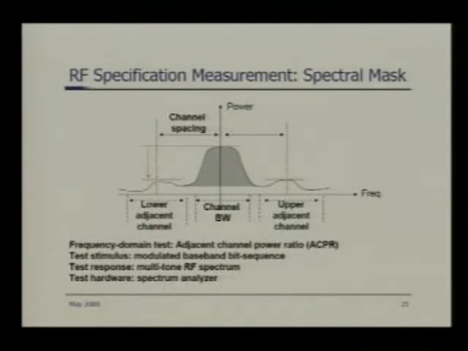Okay. So this is one spectral mask test. In this test, you are sending a modulated waveform into your RF circuitry, you are getting a modulated upconverted output at the RF frequency, and you are looking at the spectral purity of the RF output. Okay.